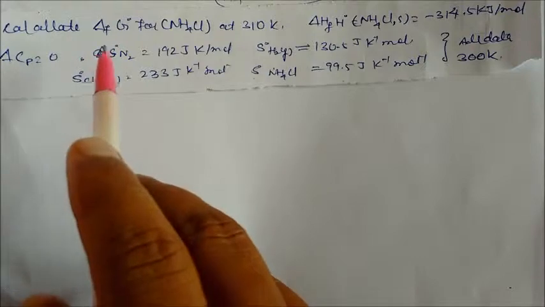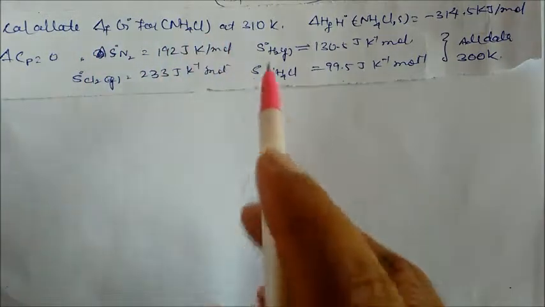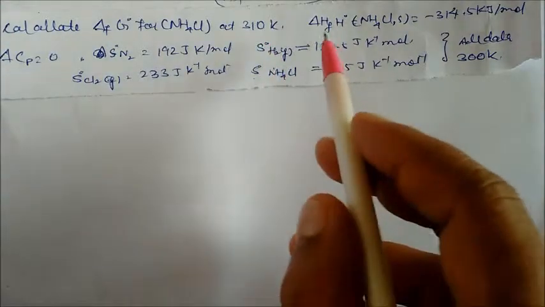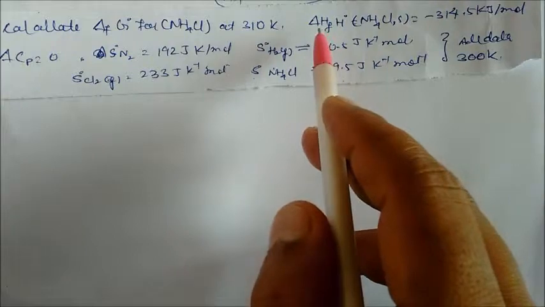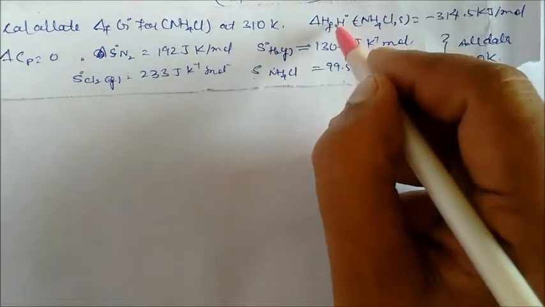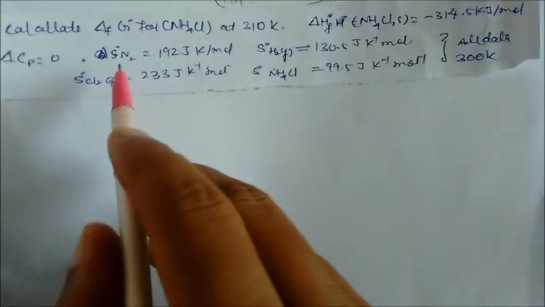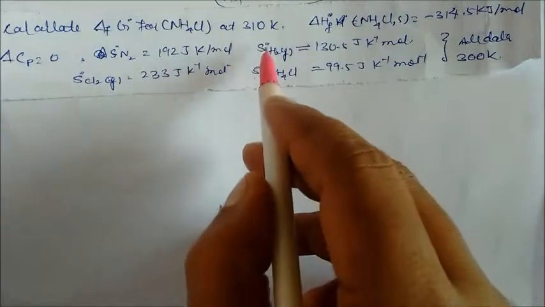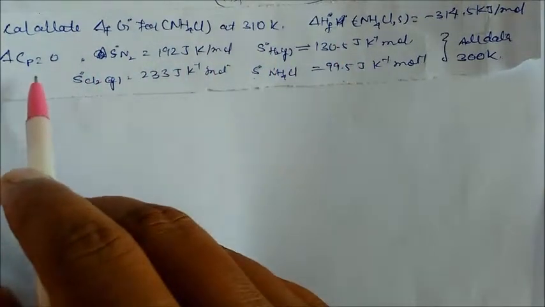Calculate the free energy of formation of ammonium chloride at 310 Kelvin. The heat of formation, that is the enthalpy of ammonium chloride, is given as minus 314. This is the standard heat of formation, and the entropy of nitrogen is given here as 192, and the entropy of hydrogen is given as 130, and Cp is given as 0.